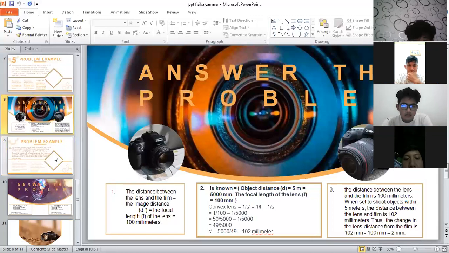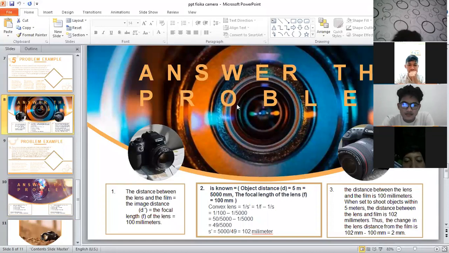Answer the problem. Number 1. The distance between the lens and the film is the image distance, equal to the focal length F of the lens, 100 millimeters. Number 2 is known.